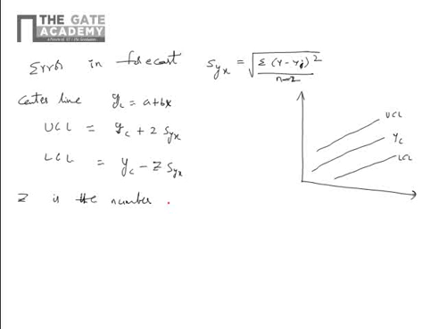It depends on the normal distribution curve. For 95% confidence interval, the value of Z is 2.